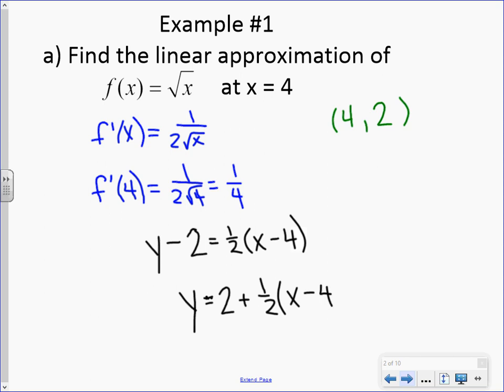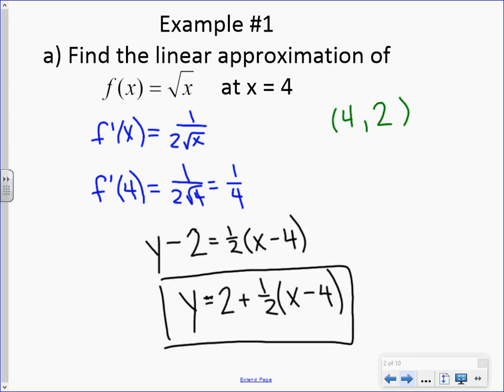And I really don't care if you add it to the beginning or the end, just add it over to the other side. Okay? This is our linear approximation. Now, why or how could this be helpful? Yes? It's supposed to be 1/4, right? Not 1/2. Not really sure why I wrote 1/2. Good.